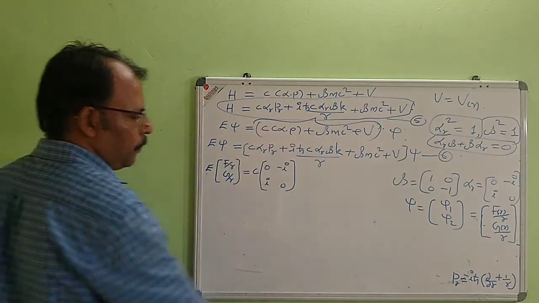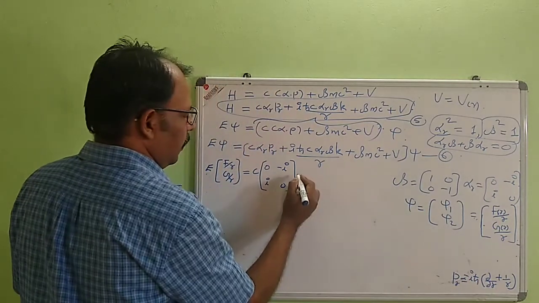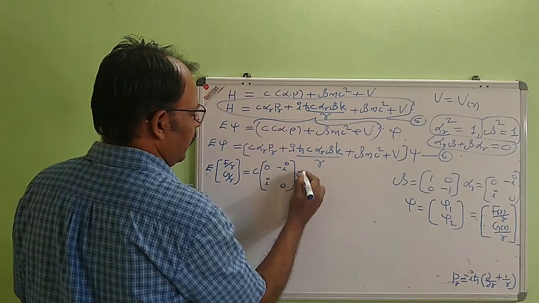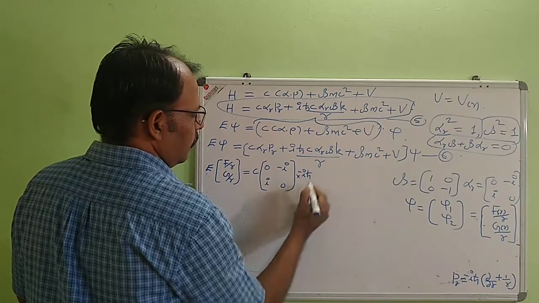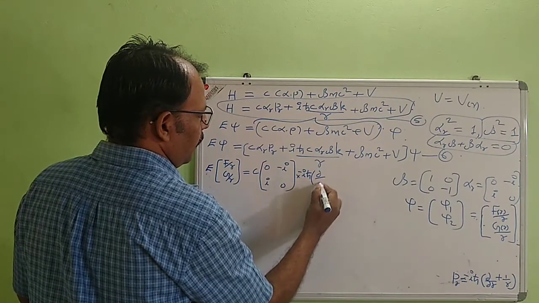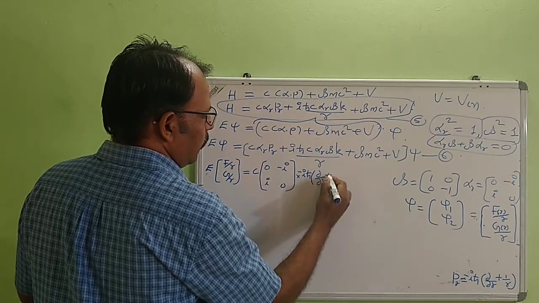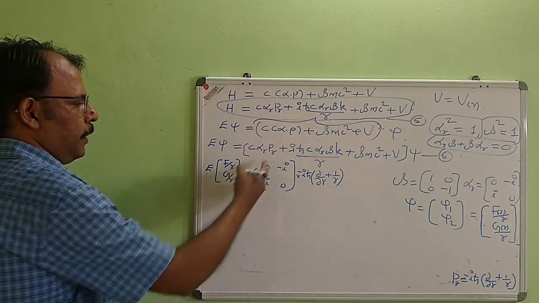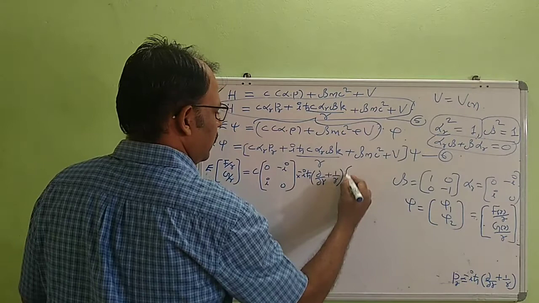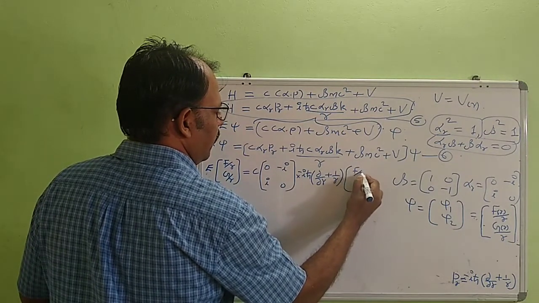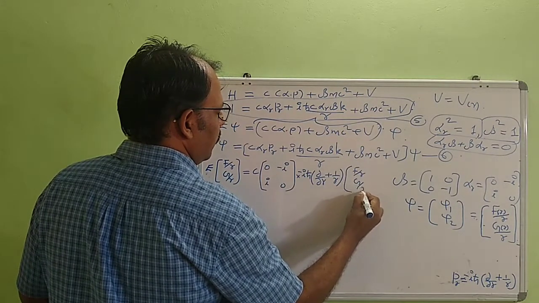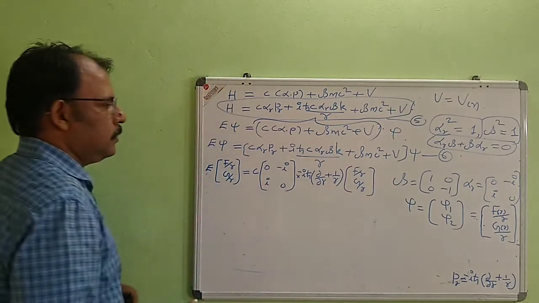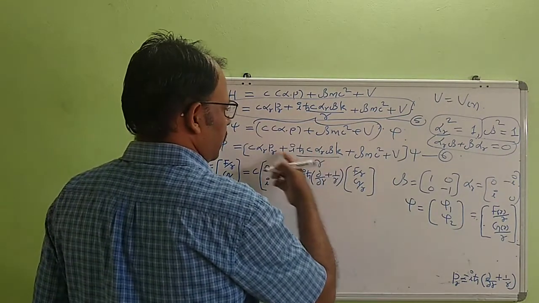What is PR? The operator PR is minus i h bar into dou by dou R plus 1 by R, acting on psi, where psi is F by R, G by R. So this is the first term.